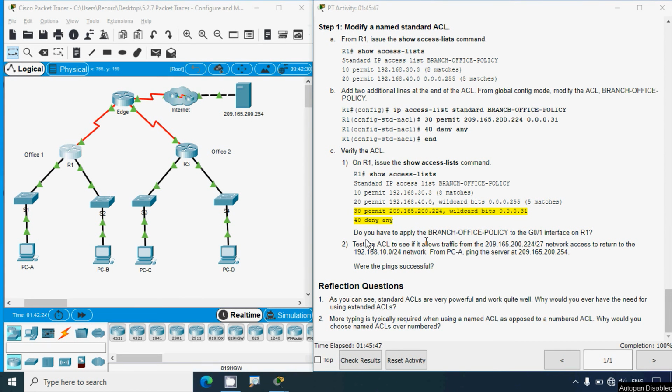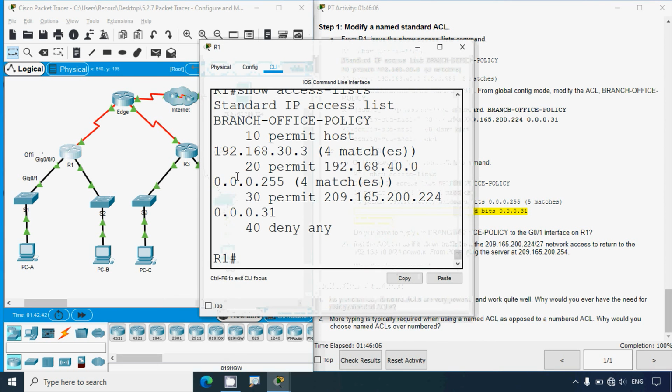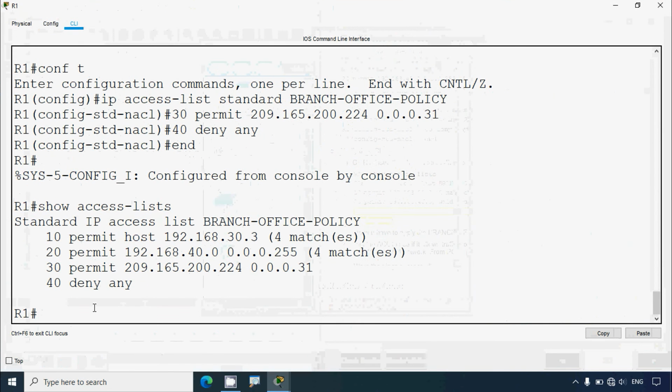Do you have to apply the branch-office-policy to the G0/1 interface on R1? Not G0/1, it's G0/0/0. And there is no need to do that again, because it was already given, and it will be there on router R1. We can verify that.